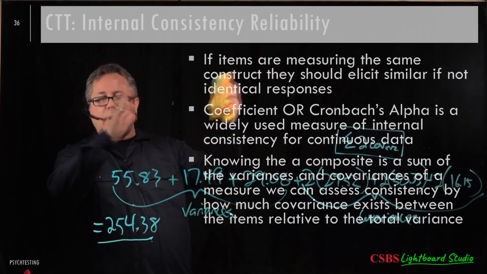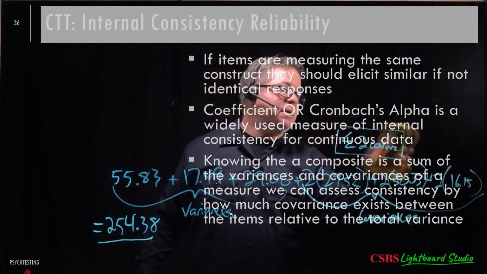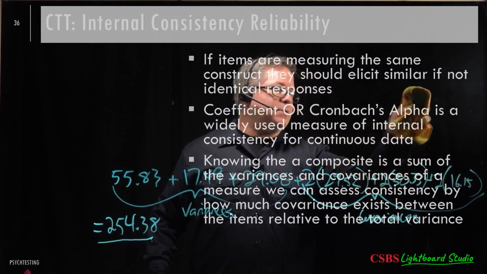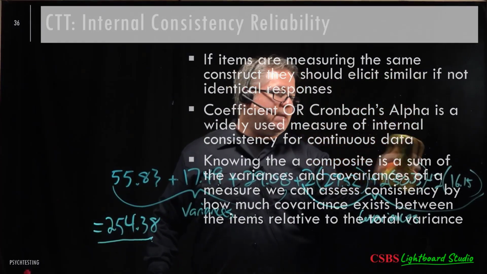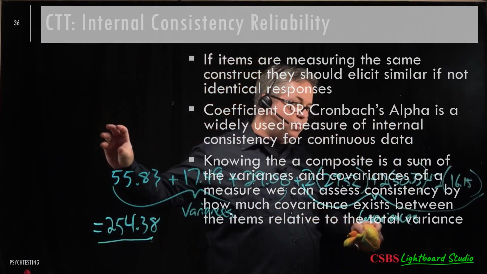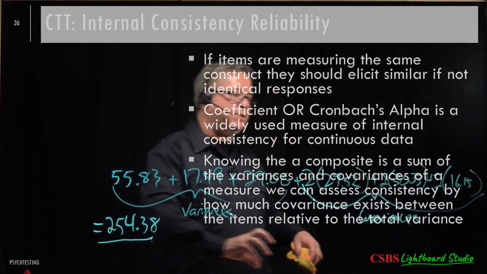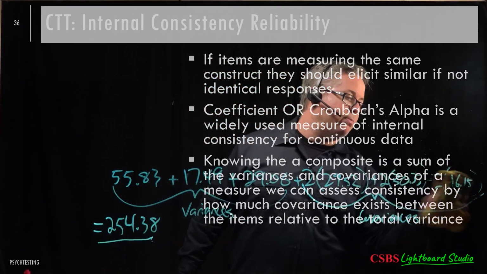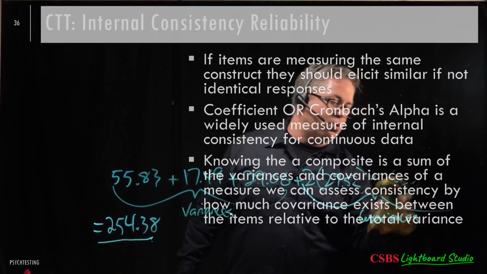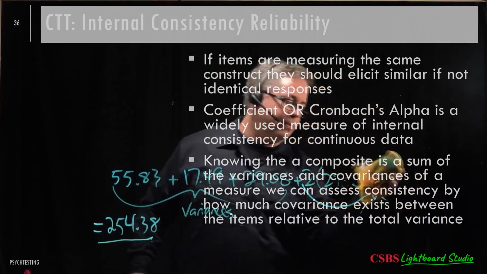We don't necessarily know what, but they're measuring at least the same thing across multiple items. Think about depression. If I'm someone who is very depressed, I'm going to score high across multiple items measuring depression. If I'm someone who's not depressed, I'm going to score low. And so I should be consistent across items measuring depression. If I am high or low, or even in the middle, I should score relatively consistently if they're all measuring the same construct. With me so far?